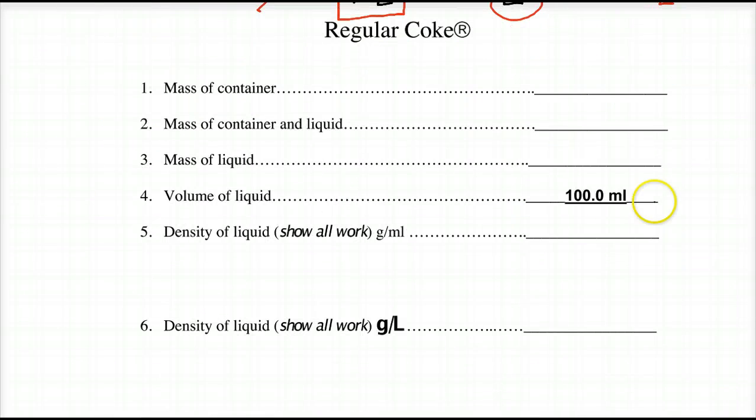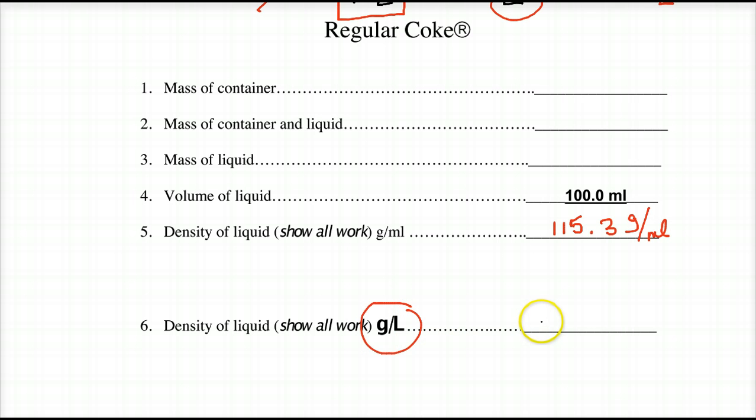Take my Coke data and let's just pretend the Coke density of my Coke data was, I don't know, 115.3 grams per milliliter. I'm just making this off the top of my head. And let's say I convert to grams per liter, which we show the work.